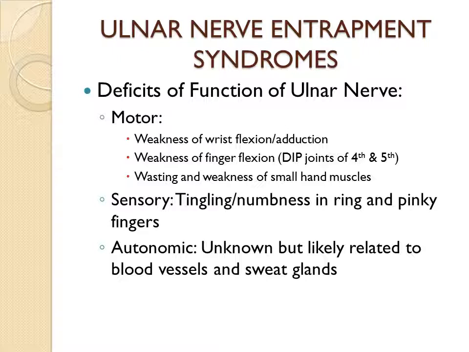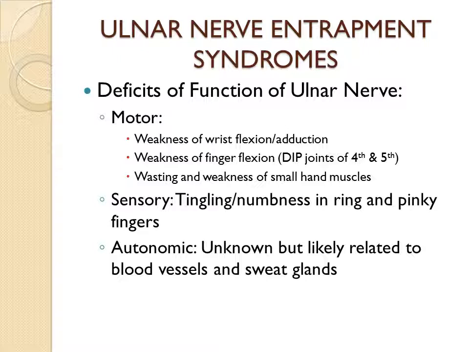So what kind of autonomic deficits would you think would be associated with the ulnar nerve, or with compression on the ulnar nerve? Well, again, by analogy to Hilton's law, the ulnar nerve serves the dermatome regions, as we just described.